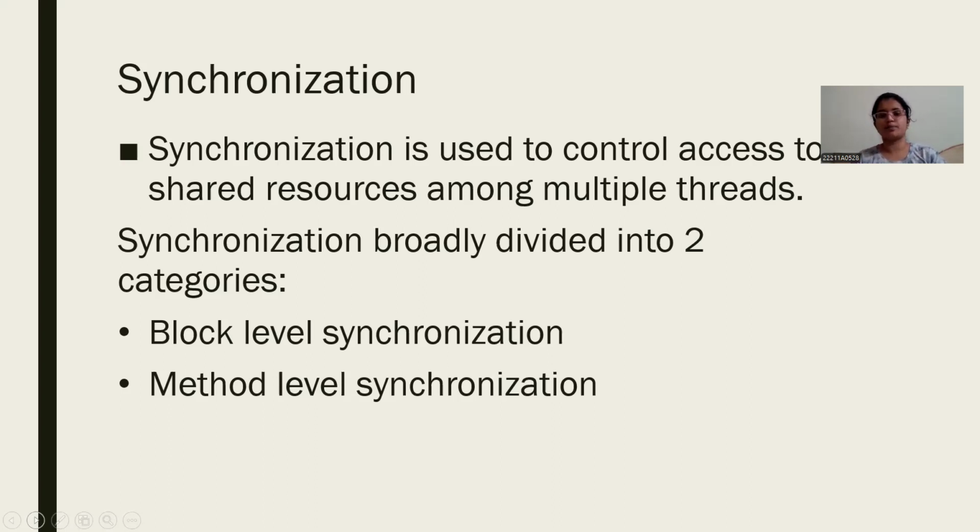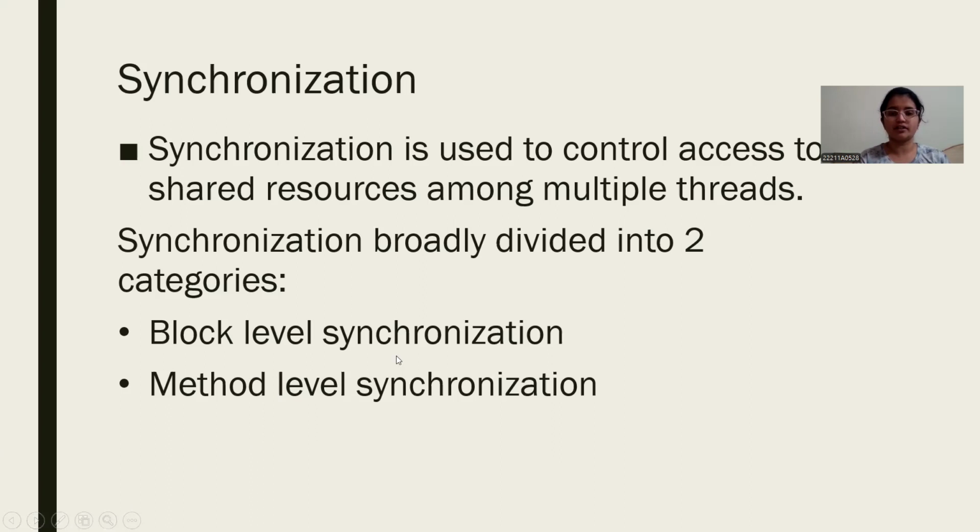To avoid this problem due to the multi-threading concept, synchronization has come into the picture. Synchronization is used to control the access to the shared resources among multiple threads. It means that synchronization helps to avoid problems due to multi-threading.